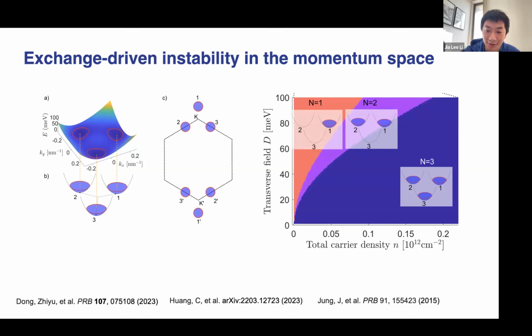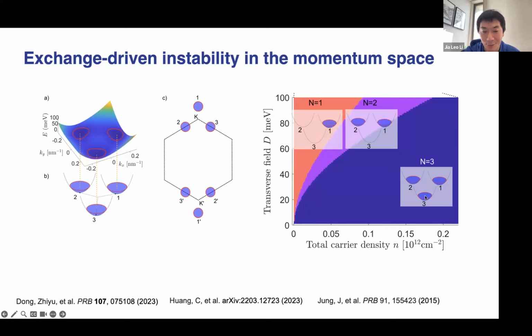So the resulting state where all charge carriers occupy one pocket of one valley breaks C2, breaks T, and breaks threefold rotational symmetry naturally, right? And you give rise to this type of phase diagram, meaning that as you keep increasing carrier density, eventually you will come back to something that's threefold symmetric, right?